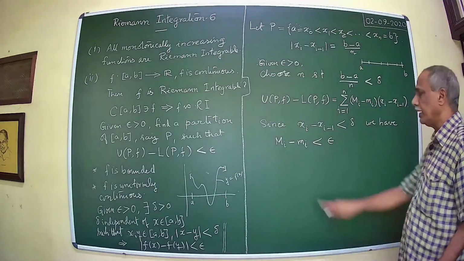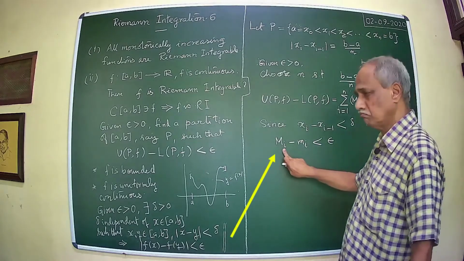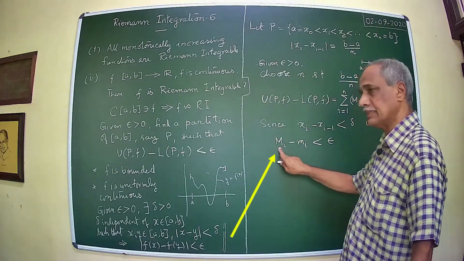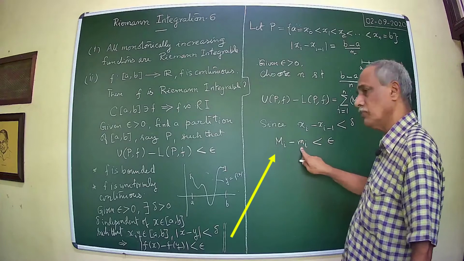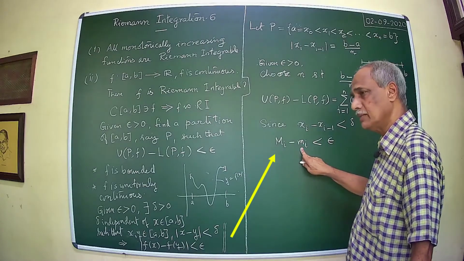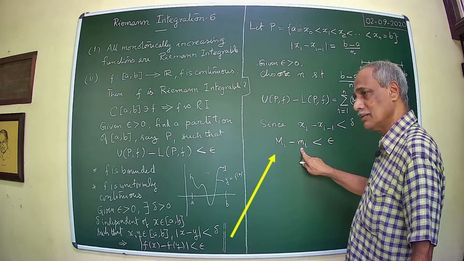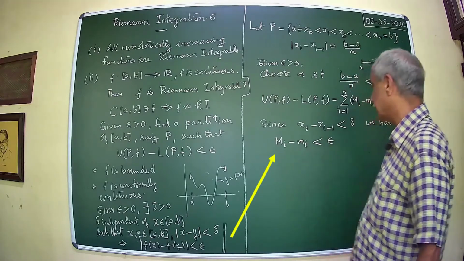What is Mi? Mi is fx for some x, and for some y, small mi is fy, and that difference is less than epsilon.